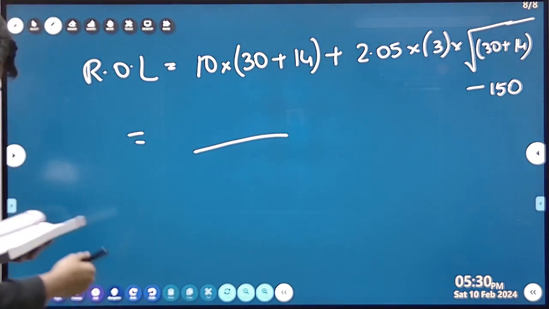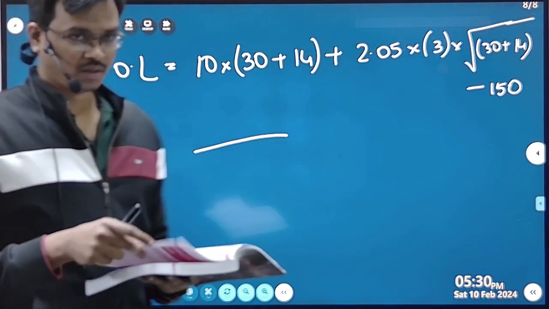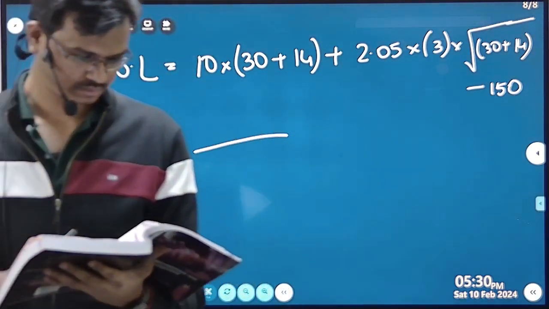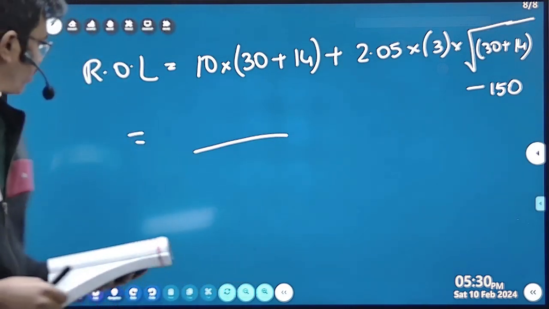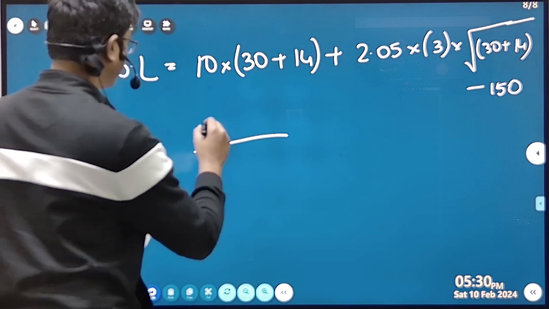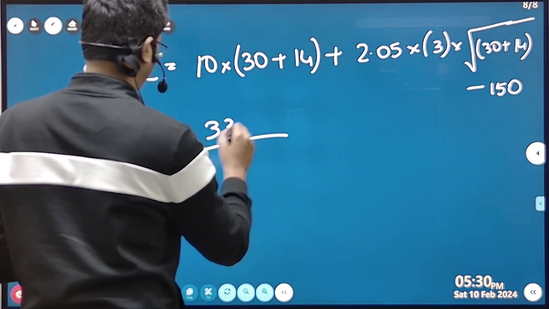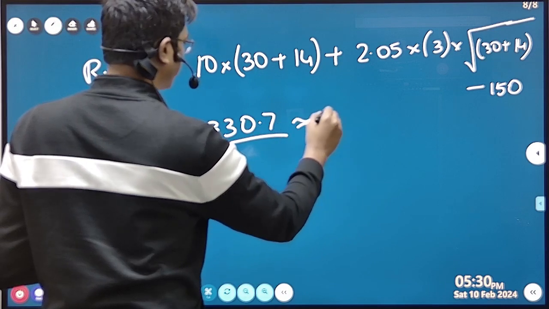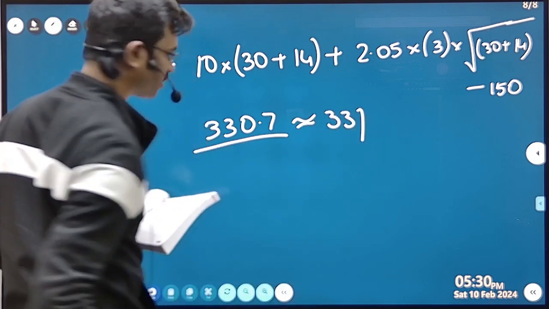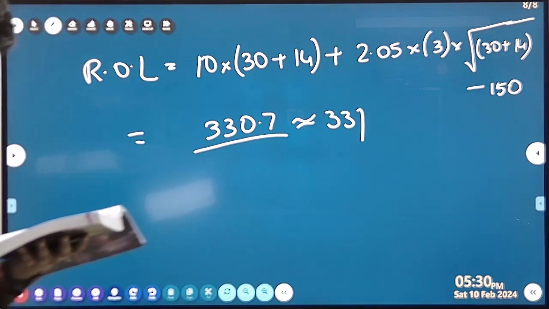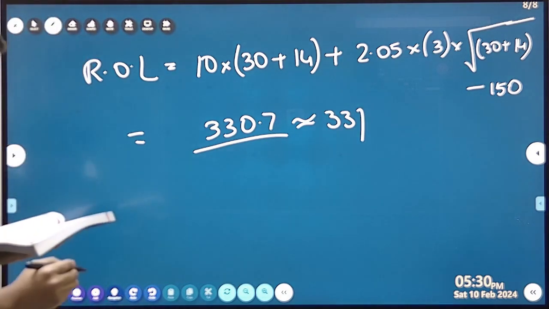This comes to 480.79, minus 150, so it is 331 approximately.